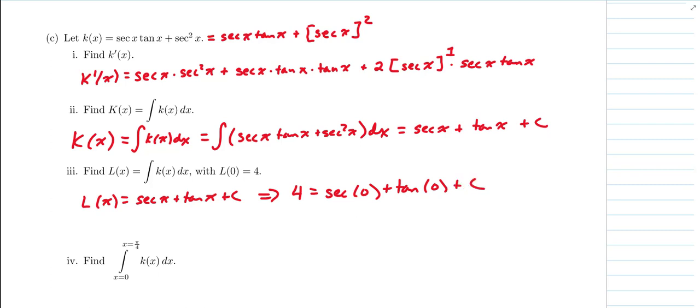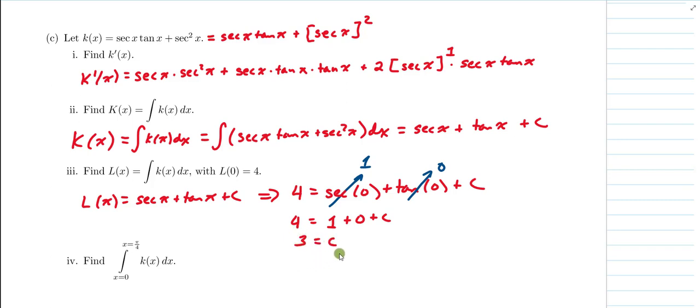Now, the tangent of 0 is 0, and you can see that by looking at the graph of your tangent curve. And the secant of 0 is 1, and again, you can see that by looking at your secant curve, or there are many other ways you could argue that. So anyway, we end up with 4 is equal to 1 plus 0 plus c, so I find that c is equal to 3.